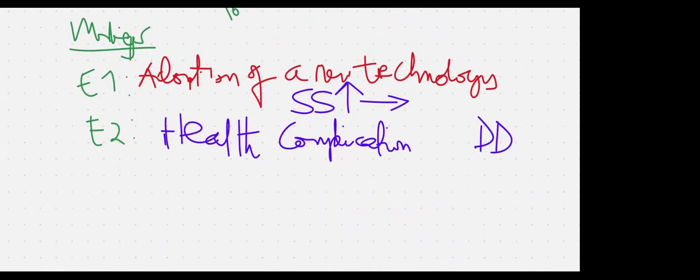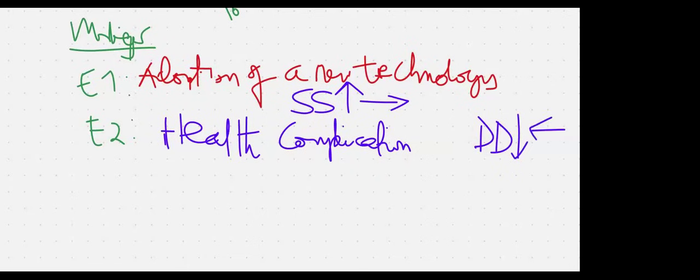People will stop buying the cocoa product because they've gotten to know that the intake of the cocoa drink would have an impact on their health. So it will affect demand, and therefore demand for the cocoa product will decrease. If the demand decreases, what direction will the curve shift to? The curve will shift to the left.